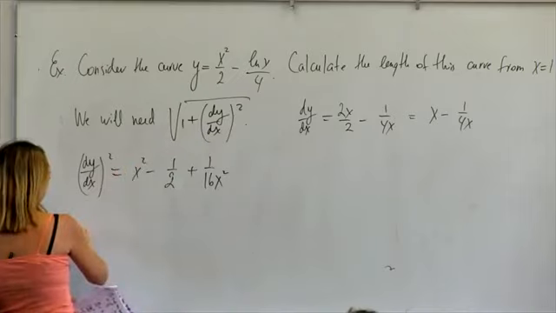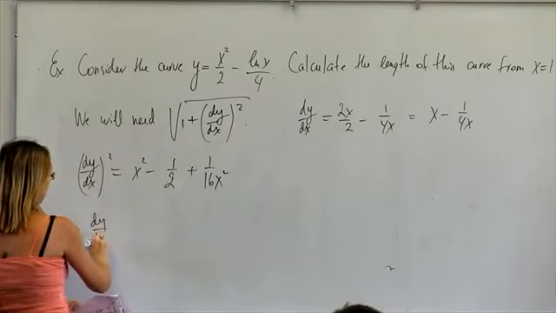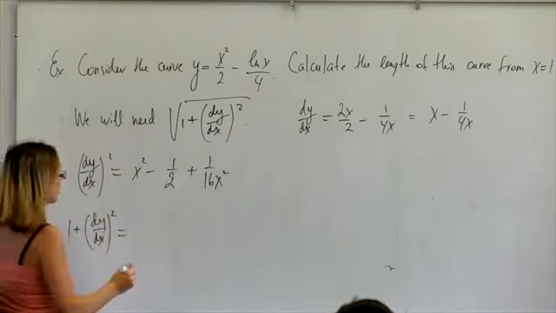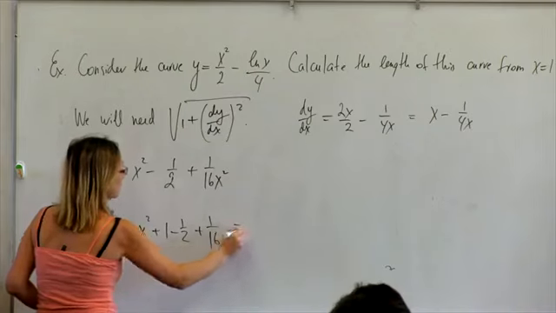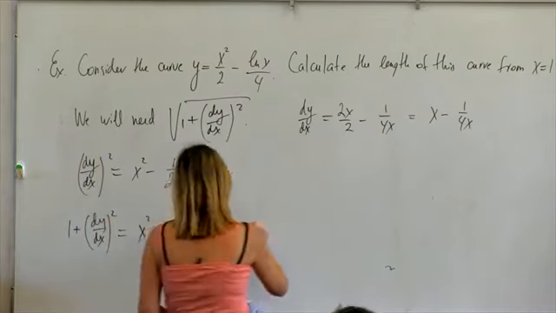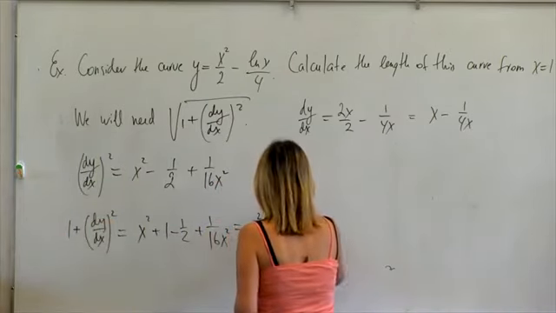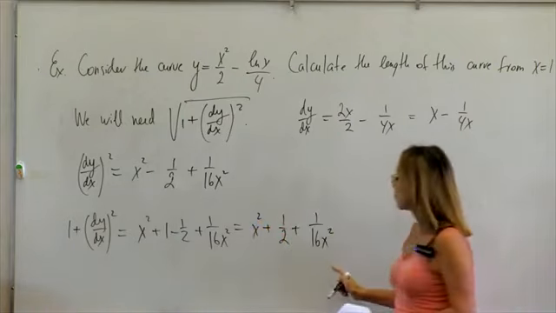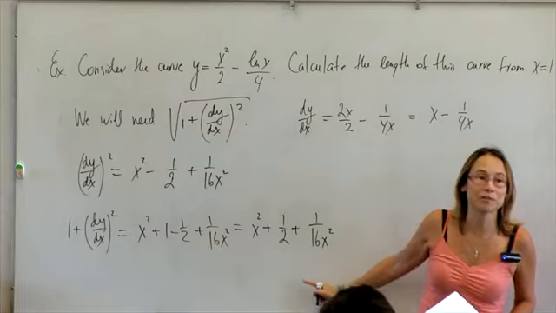Next is 1 plus (dy/dx) squared. We have to add 1 to this. So x squared plus 1 minus 1/2 plus 1 over 16x squared. And now we simplify. x squared plus 1/2 plus 1 over 16x squared. And actually, we can simplify even better.